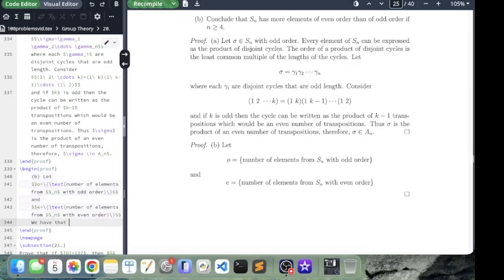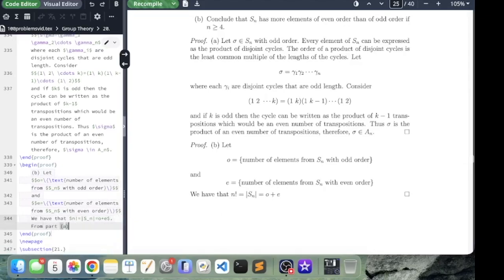We have that the order of Sn is equal to the number of odd elements plus the number of even elements. And further, we know that Sn is a finite group with n factorial elements. So we get this equation.